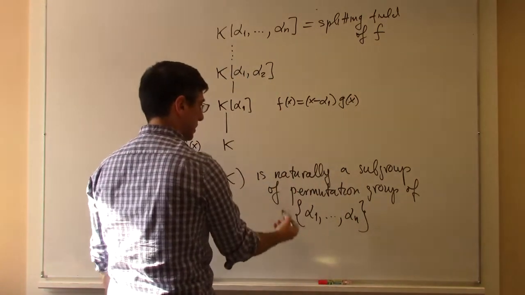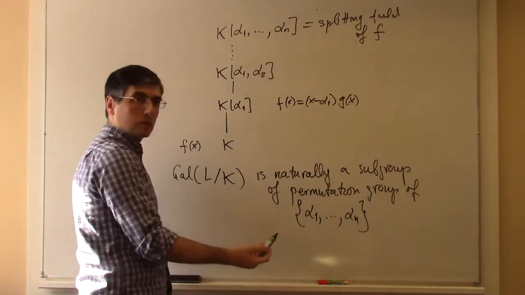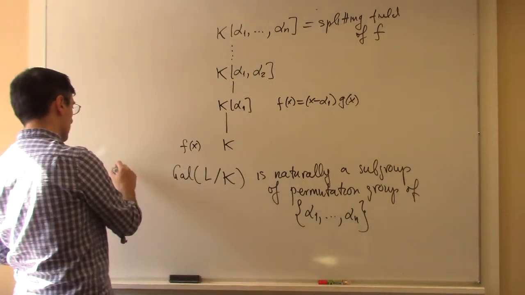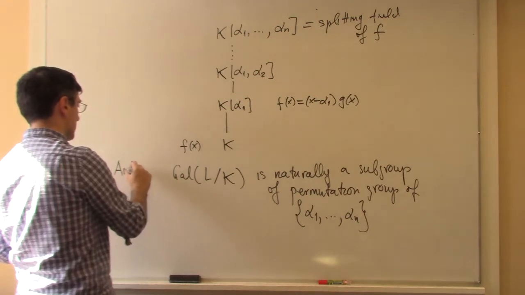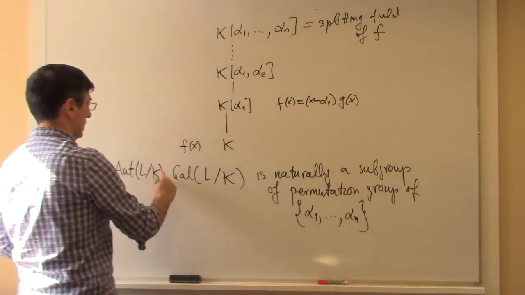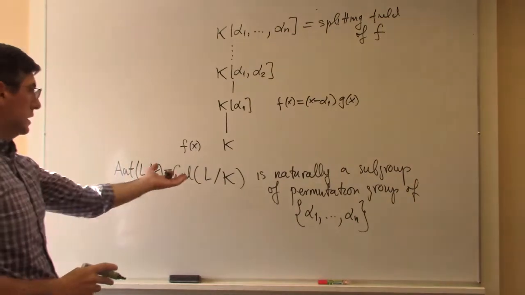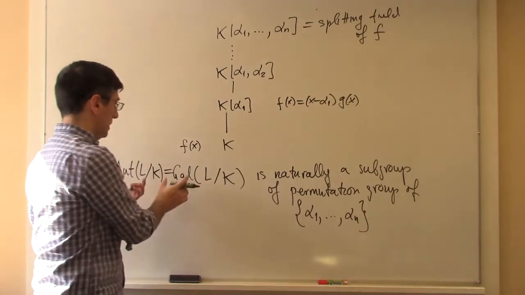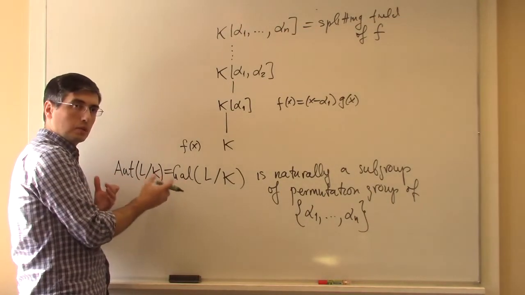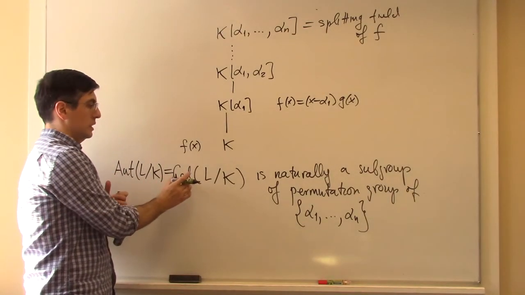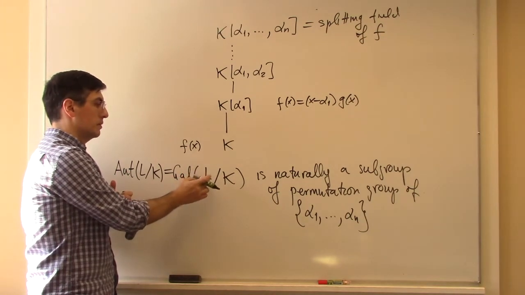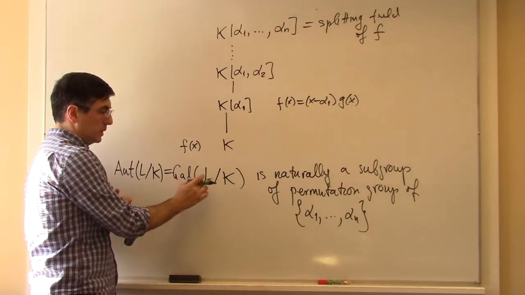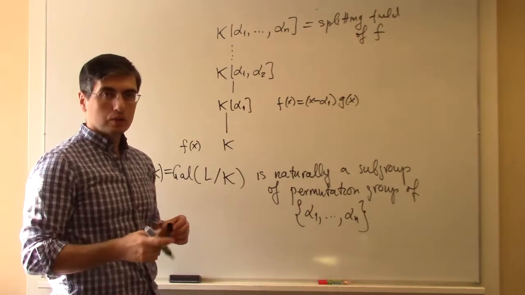And this group is, of course, S_n, the permutation group. This I was denoting by Aut(L/K), which is the same thing as, in this case, just the Galois group. So this notation is interchangeable. You will see in some textbooks Galois group appearing even if L is not Galois, but whenever I write Galois, I implicitly assume that L is actually Galois over K.